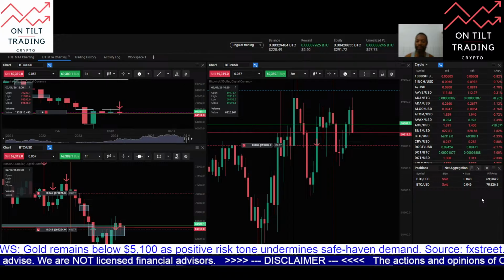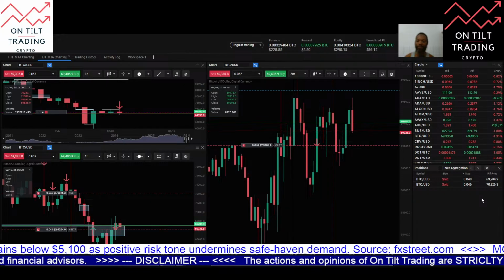Less than 1 minute remaining in the current 5-minute candle, 69,320.